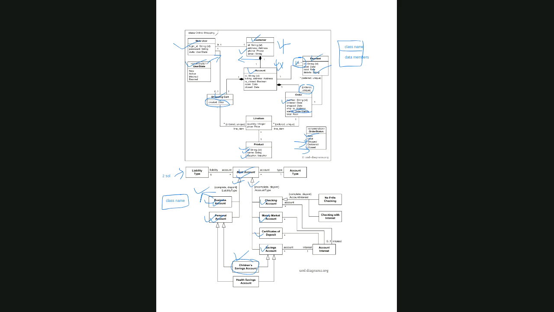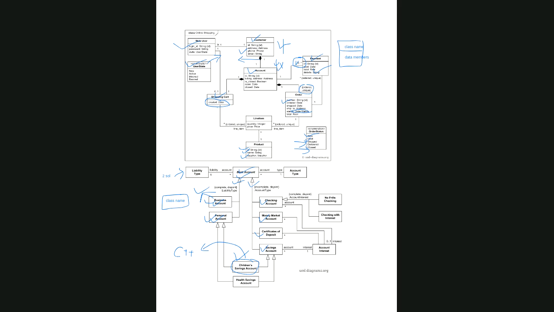Now, multiple inheritance is present only in C++. In Java, C Sharp, Ruby on Rails and others, this is not supported, so we can implement it using interfaces, as I discussed in the previous class, how you write interfaces.